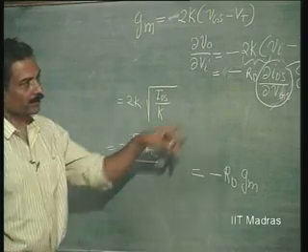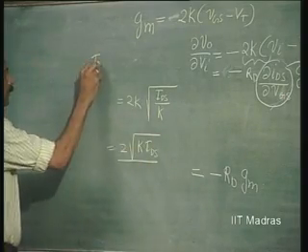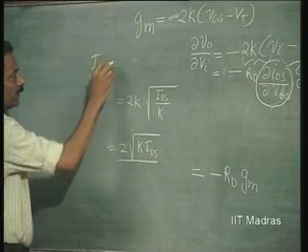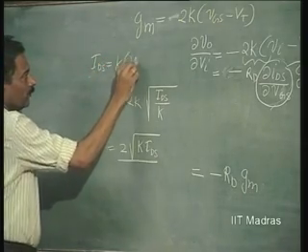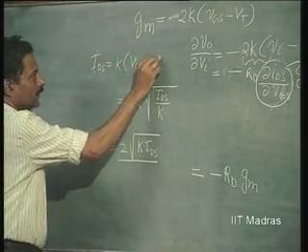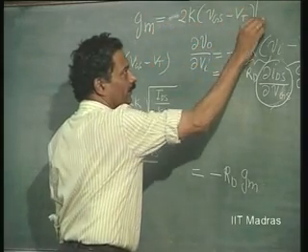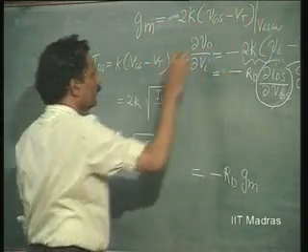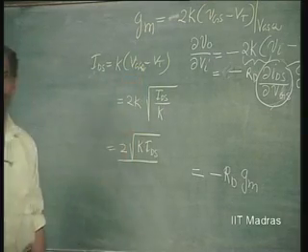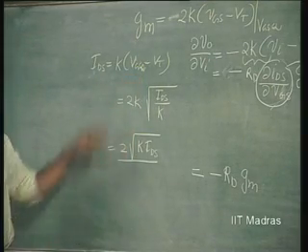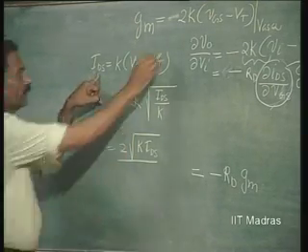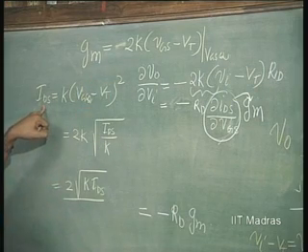Is this clear? Because this IDS is nothing but K times (VGS minus VT) whole squared. This has to be evaluated at a certain operating point, at VGSQ, that is the slope. So, IDS is equal to K times (VGSQ minus VT) whole squared.